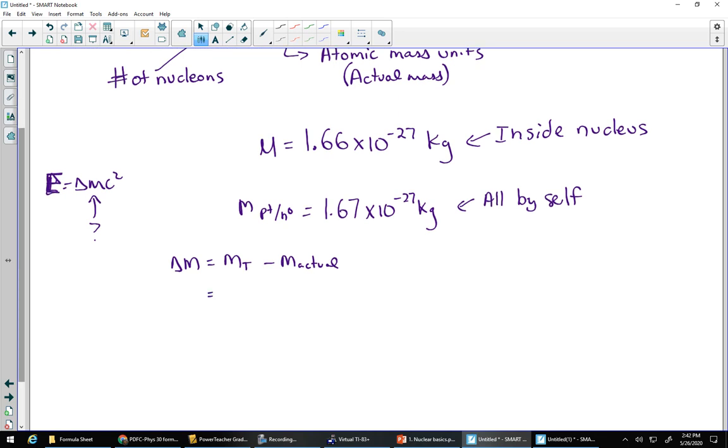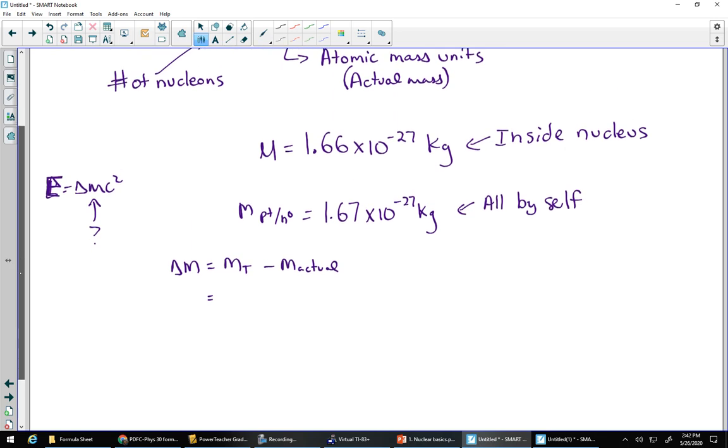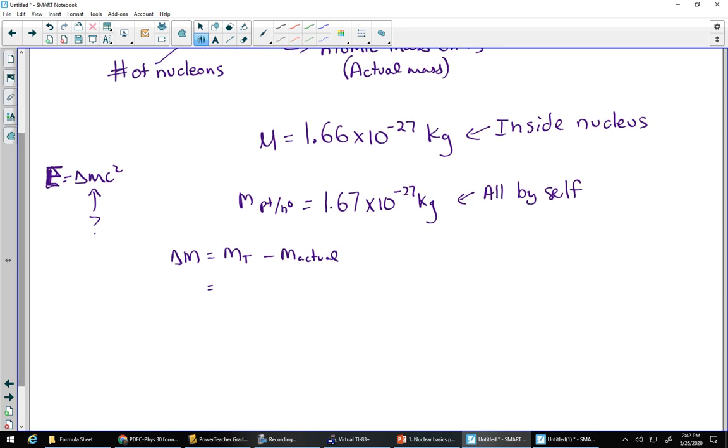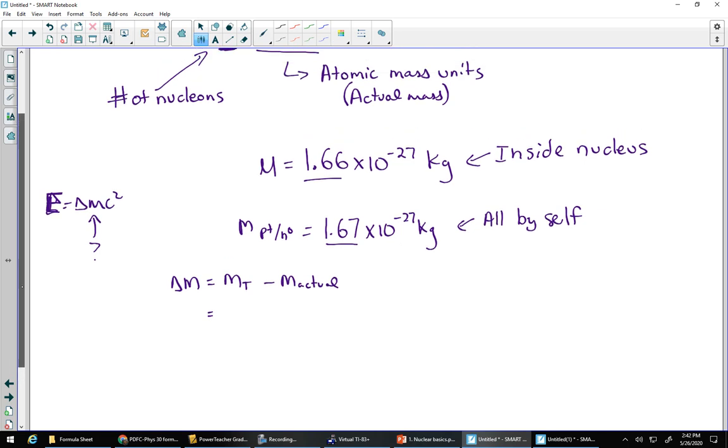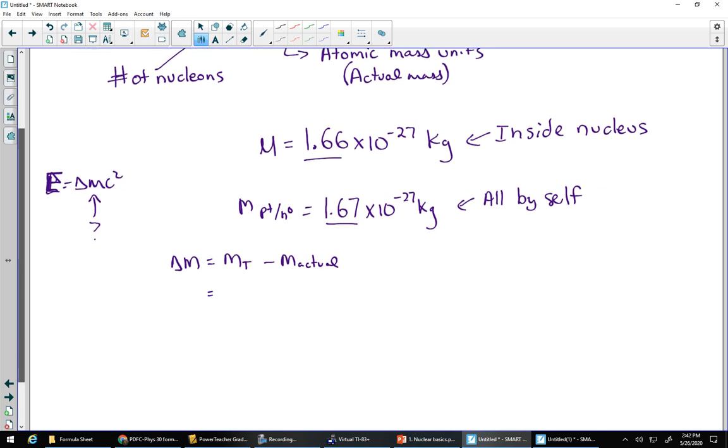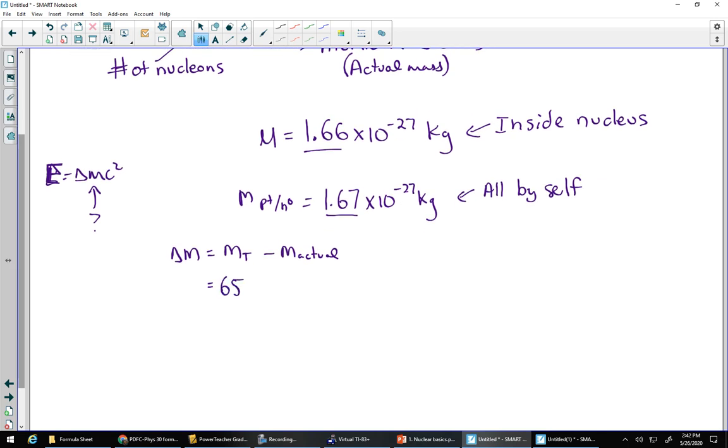Okay, but can I just do 65 minus 64.927? No, right? Because the 64.927 is based on 1.66, and the 65 is based on 1.67. So what I need to use is my total mass, so that is 65 individual protons and neutrons, each with a mass of 1.67 times 10 to the negative 27 kilograms.